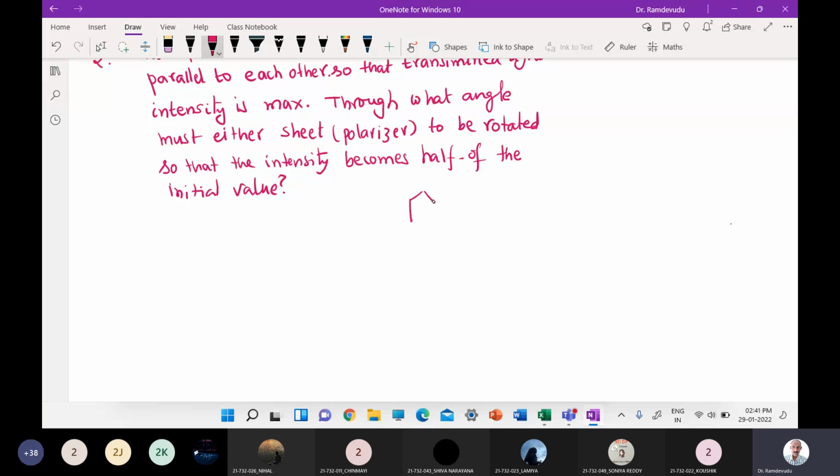Initially there are two polarizers. One polarizer is here, this is the optic axis. The next polarizer we call the analyzer, because it analyzes the incident light. So theta is equal to 0. Now either this or this can be rotated.